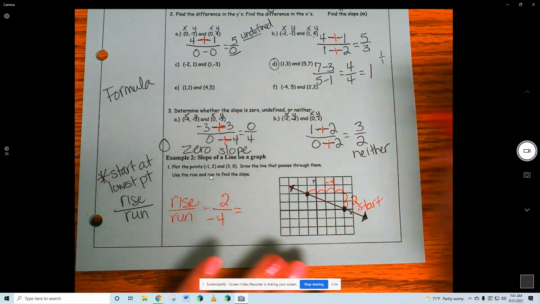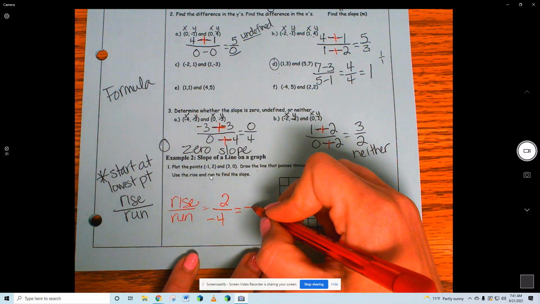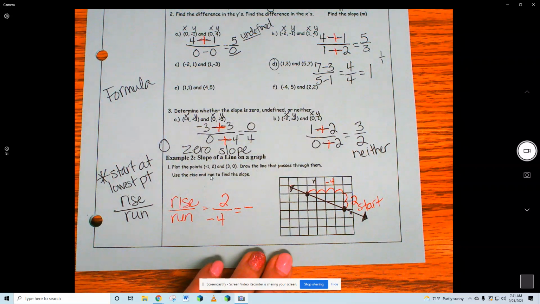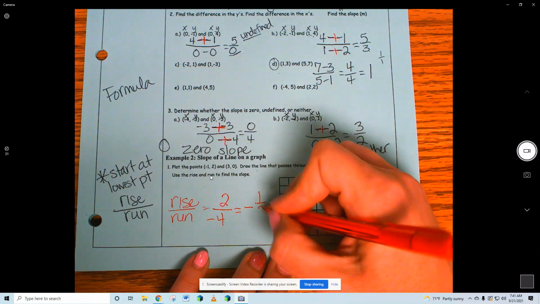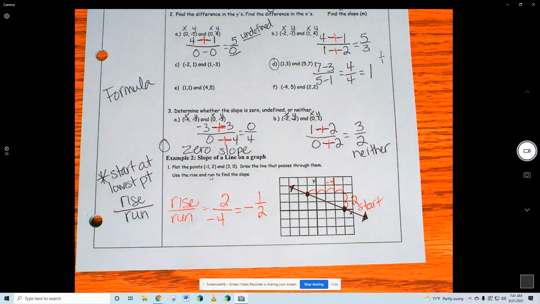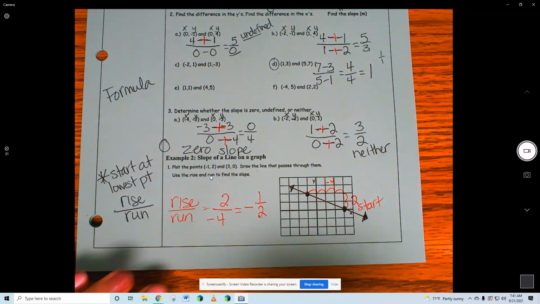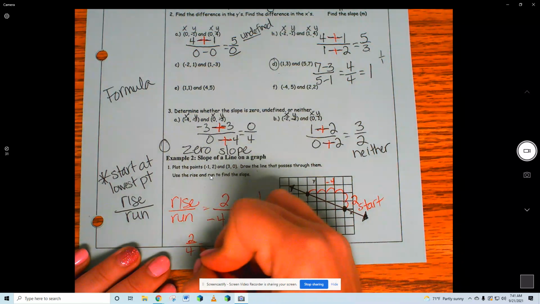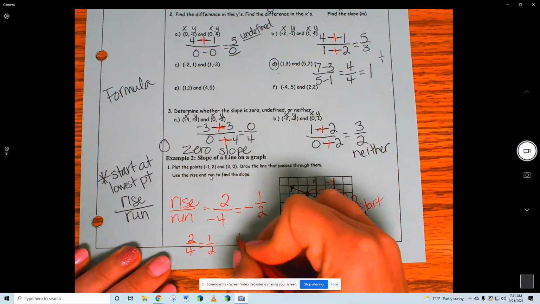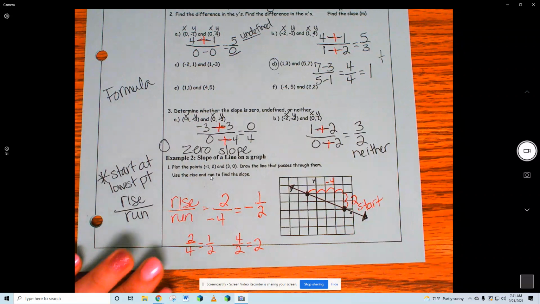So I'm reducing that. Is it negative 2 or is it negative 1/2? 1/2. Don't make that mistake. 2 over 4 is 1/2. 4 over 2 is 2. You need to know this by now.